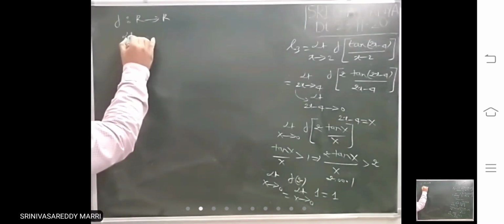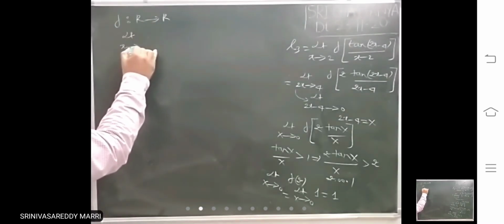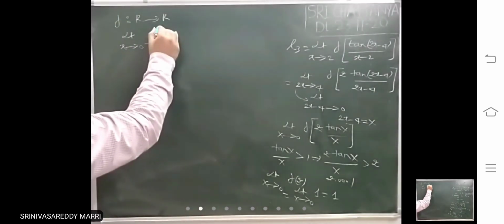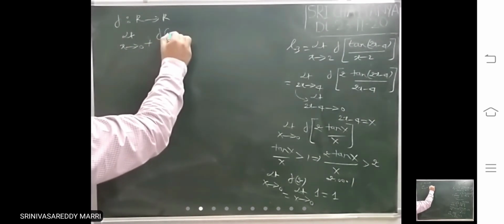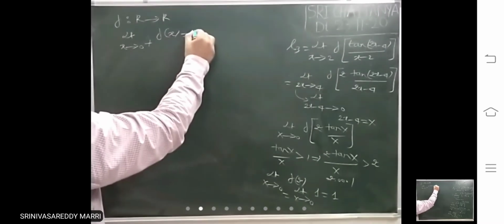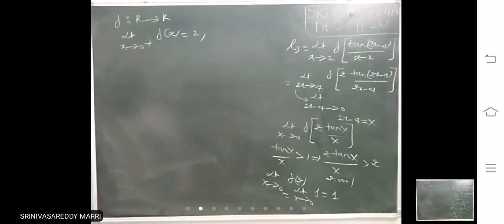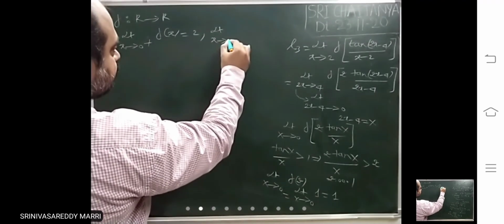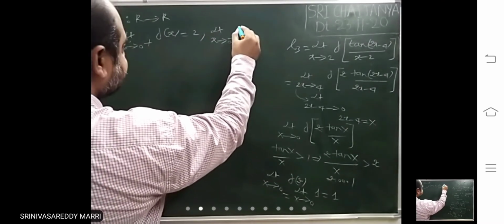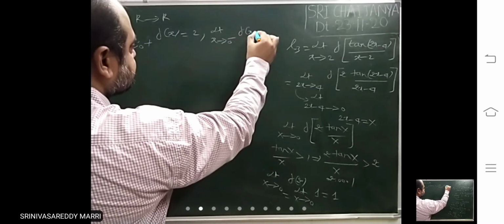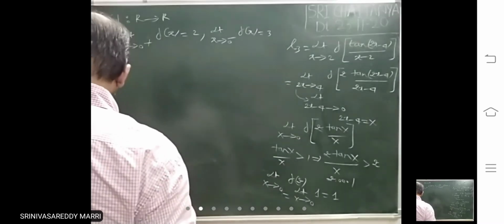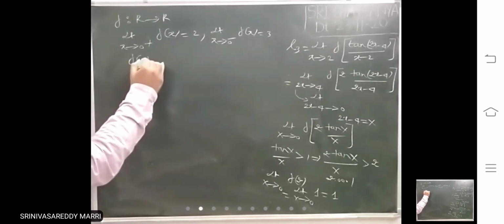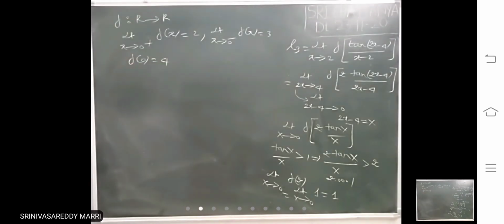And given these values: limit as x tends to 0 plus of f of x equal to 2, limit as x tends to 0 minus of f of x equal to 3, and f of 0 is given as 4.